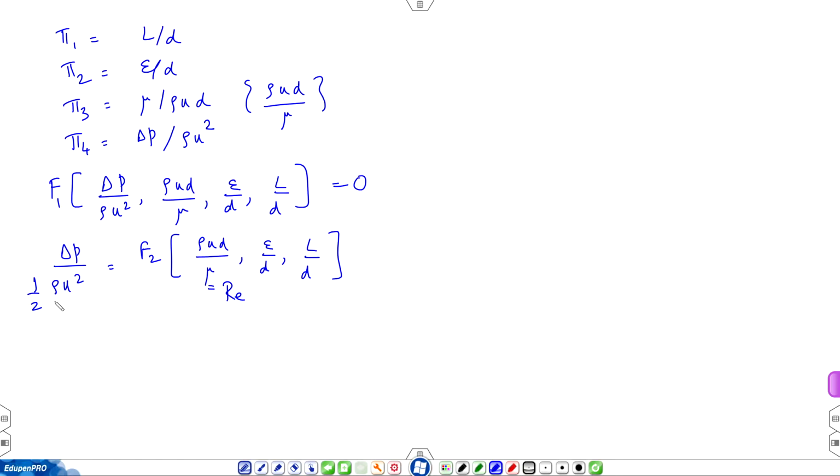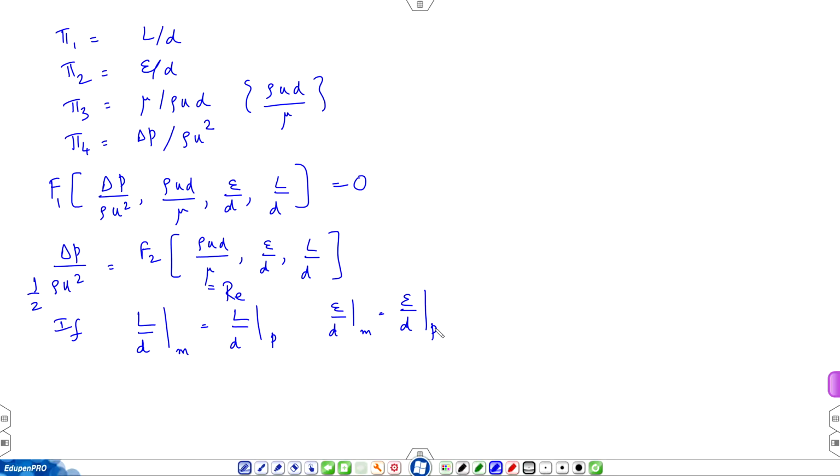Then what do the principles of similarity tell you? They tell you that if L over D model is equal to L over D prototype, epsilon over D model is equal to epsilon over D prototype, then in the language of principles of similarity, this is called geometric similarity.